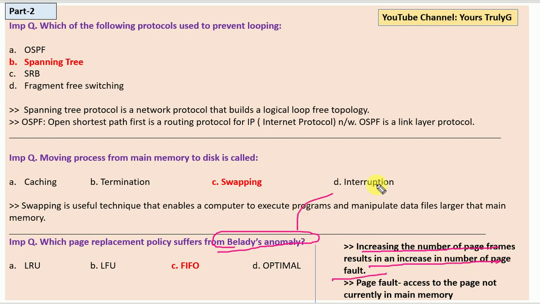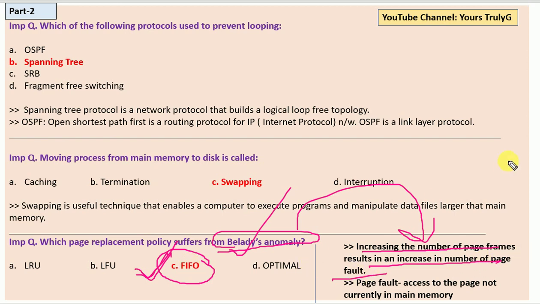That is the basic definition of Belady's anomaly. Many times the definition will be asked, and they have already asked which replacement policy Belady's anomaly is associated with. So the correct answer will be FIFO, first in, first out.